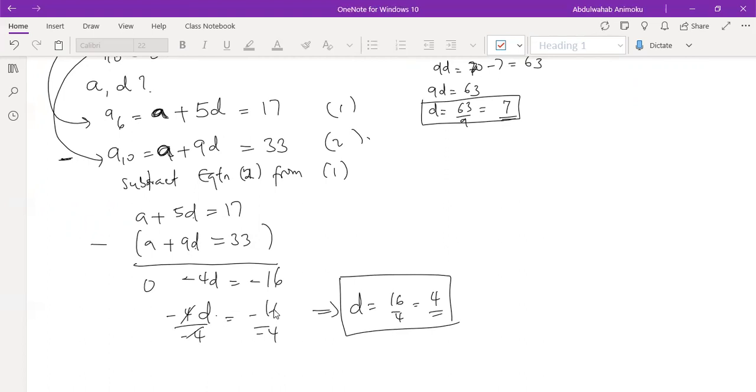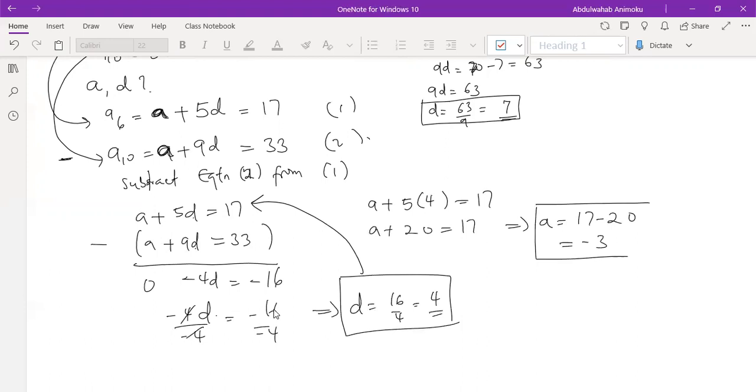Now that we have the common difference, all we need to do is to substitute it into one of the equations to find A. So we know that A plus 5 times the common difference is equal to 17. So that means A plus 20 equals 17, which implies that A is 17 minus 20, which is minus 3, right? So this gives us the first term and the common difference.